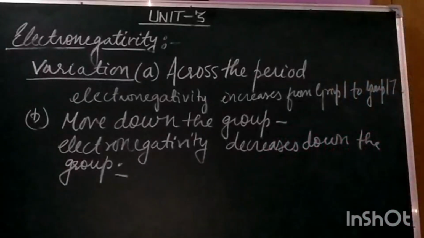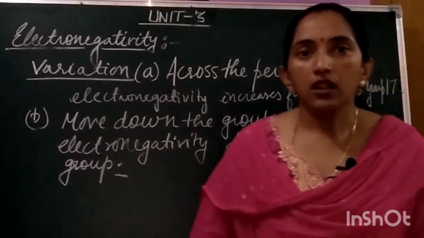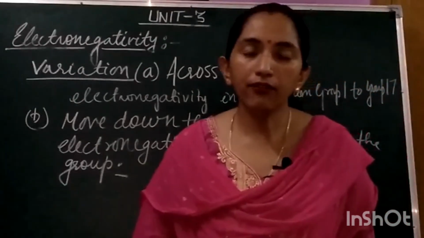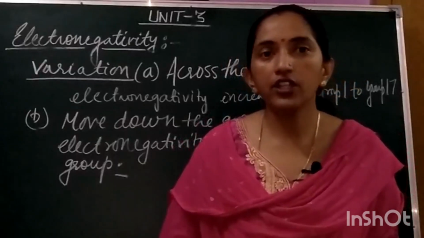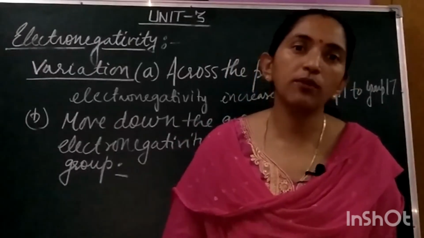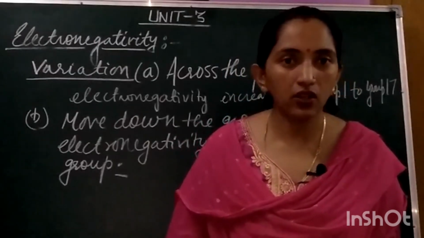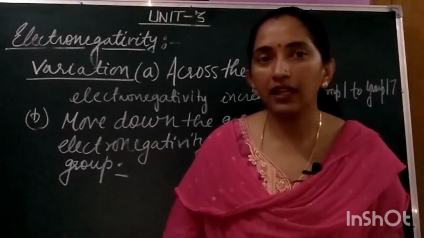Now students, what is the application of electronegativity? That means, if we know the electronegativity, what can we predict about an element? The first is that if we know the electronegativity of two elements, we can predict which one has more metallic character and which one has more non-metallic character.